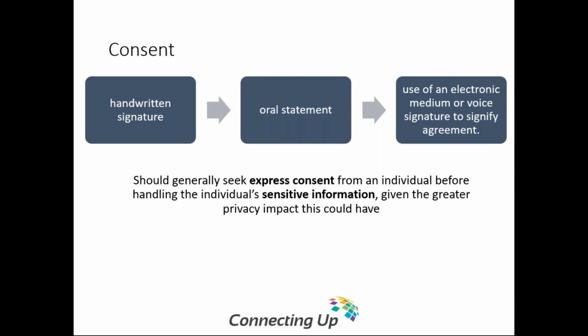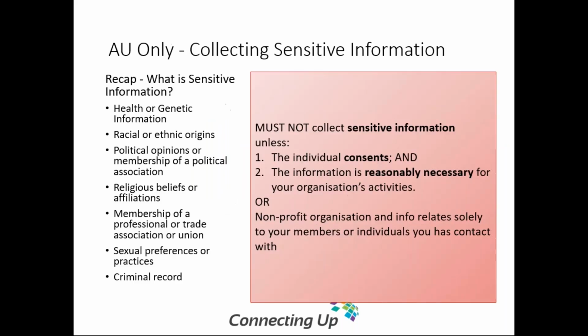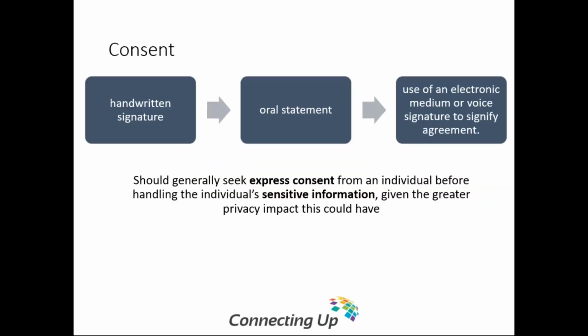So in most instances, as we said, within Australia, you should get express consent. That means you need some kind of positive, express action that indicates consent. You can't rely on it being implied from people continuing to use your service, for example, or the fact that they didn't object.